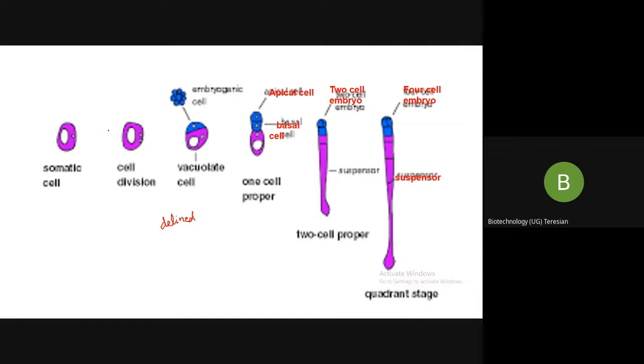So when this unequal division happens, what does it result in? It results in a larger vacuole. Okay, so there is a large vacuole in the cell and a small densely cytoplasmic cell, that is the embryogenic cell.